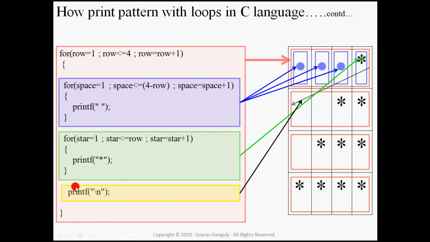This printf statement will execute and the cursor will come to the next row. After that, the cursor will go here, increase the row value by 1 and check the condition. When the row value is 2, the program will take care of the second row.